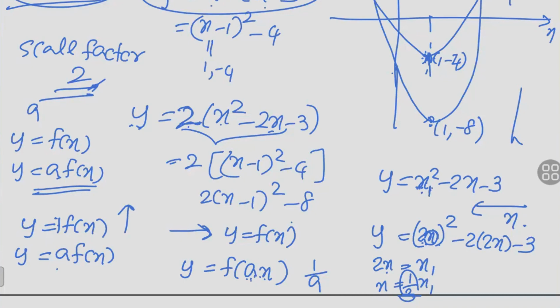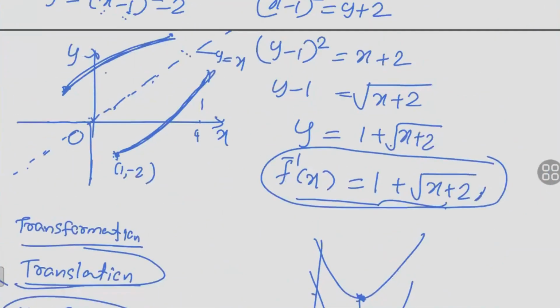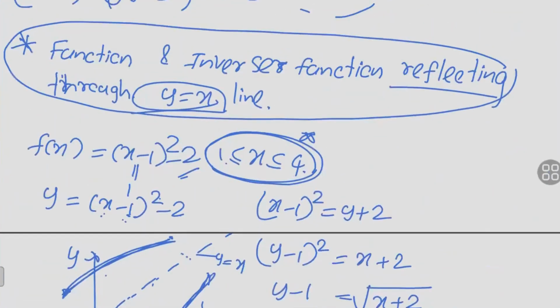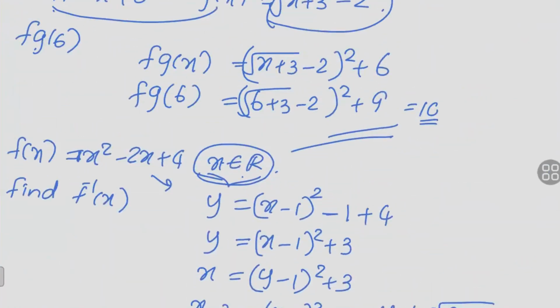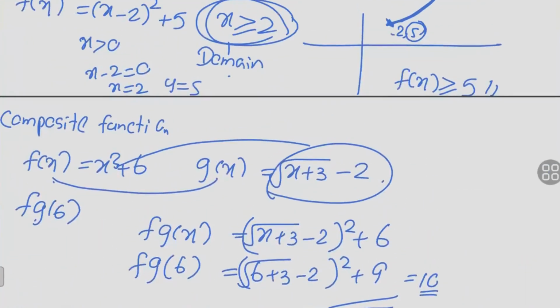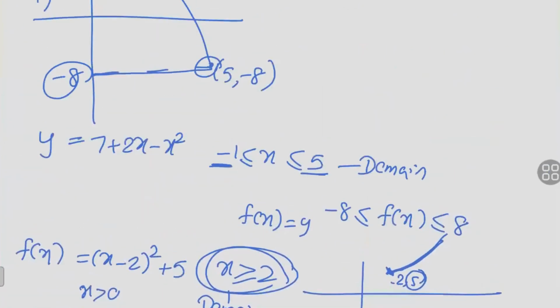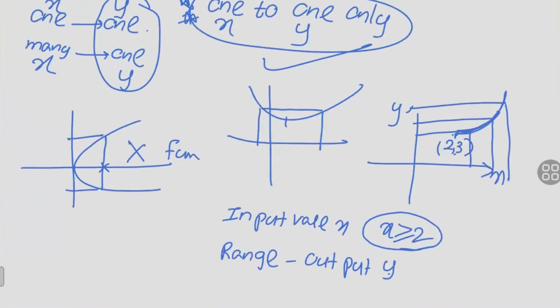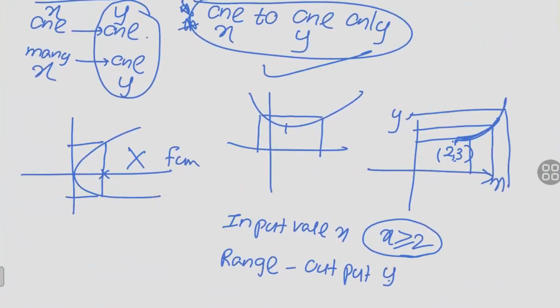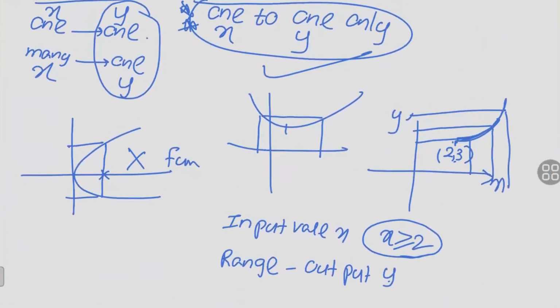What is a function? What is an inverse function? Again and again I tell you, normally they definitely ask why this function has an inverse function. Then you have to write, for each and every function question, that the function and inverse function are reflections through the y equals x line. That is the only relationship for each and every function.